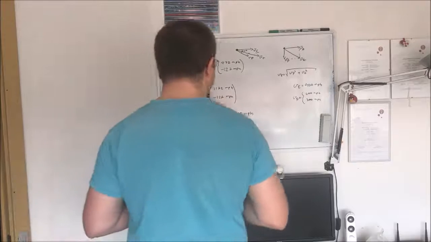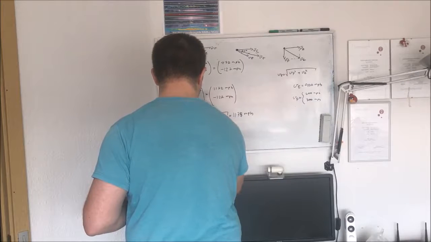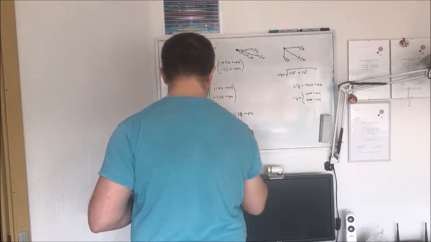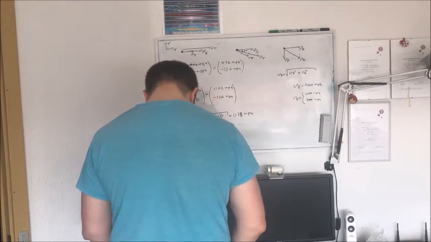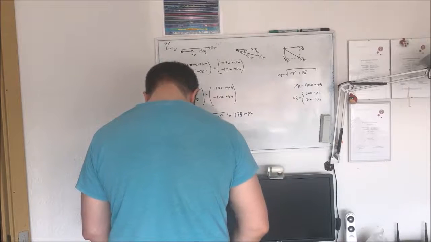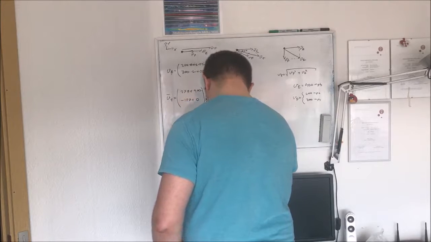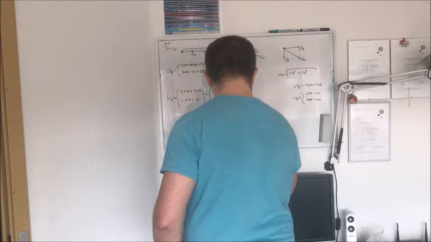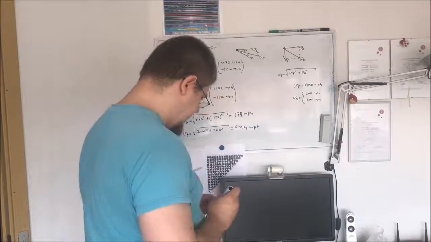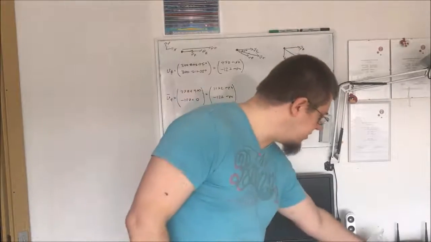So in the final part we will have V total is equal to the square root of 300 squared plus 900 squared, which is 949 miles per hour. So again, terribly sorry for my miscalculation.